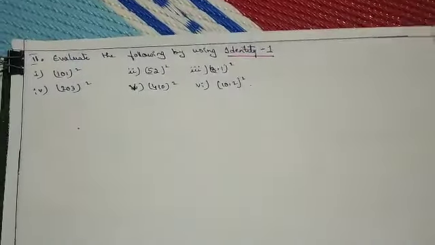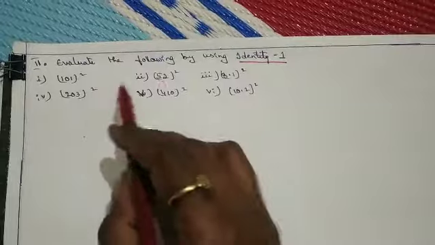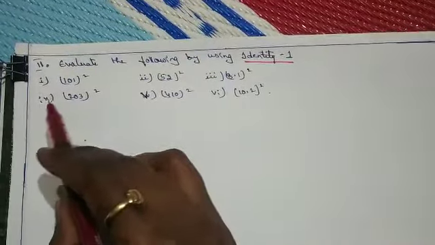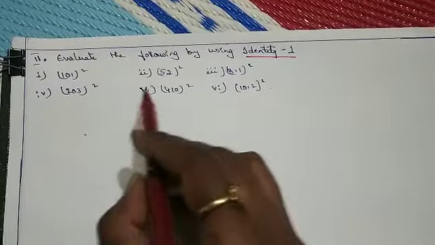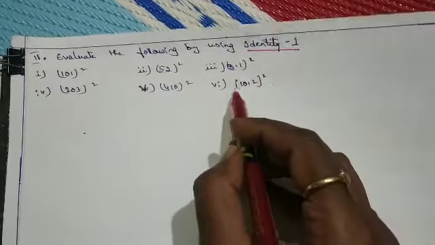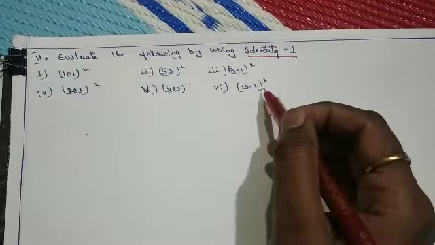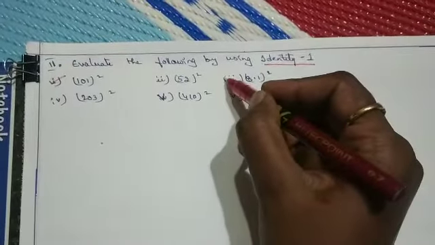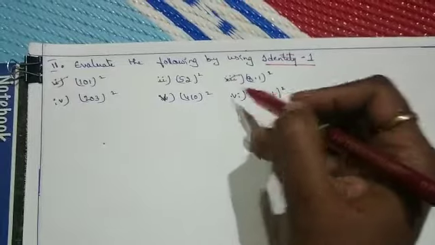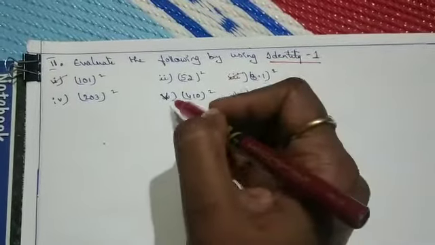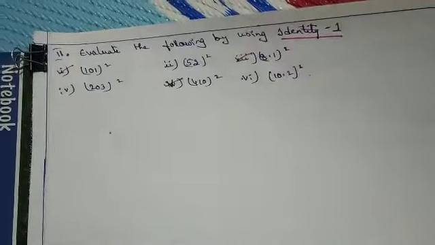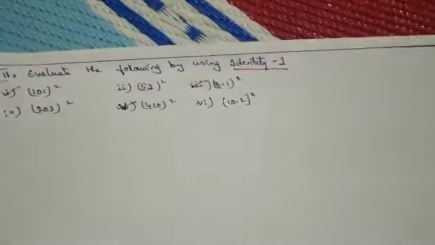The first question is 101 square, second 52, third 8.1 square, fourth 203 square, fifth 410 square, sixth 10.2 square. I'll do one with decimals and another with a hundreds digit. The remaining 3 you have to do, children.